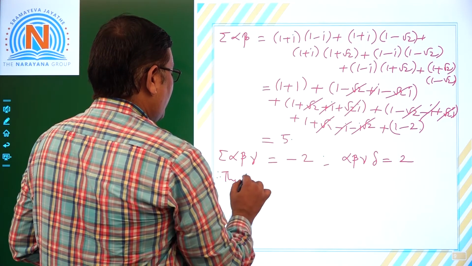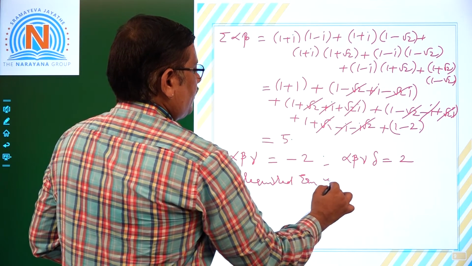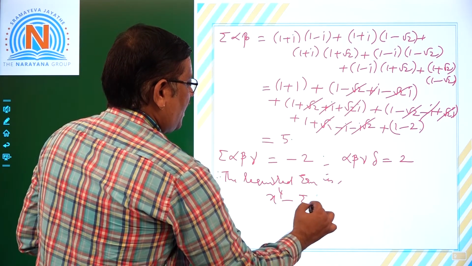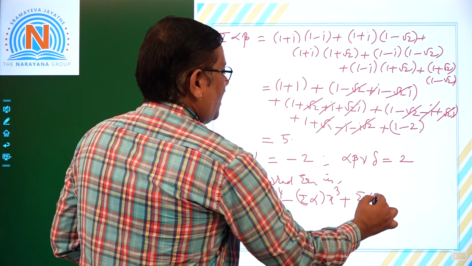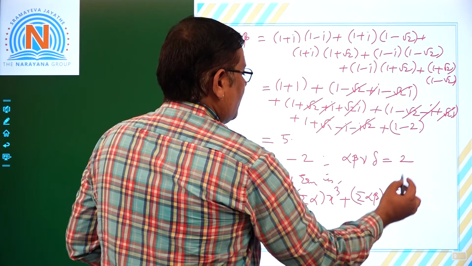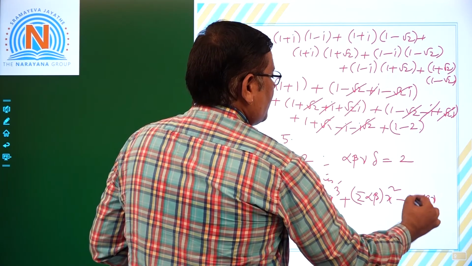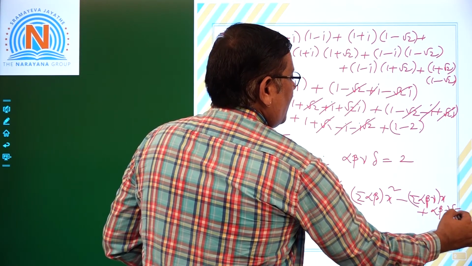Therefore, the required equation is x power 4 minus sigma alpha times x cube plus sigma alpha beta times x square minus sigma alpha beta gamma times x plus alpha beta gamma delta is equal to 0.